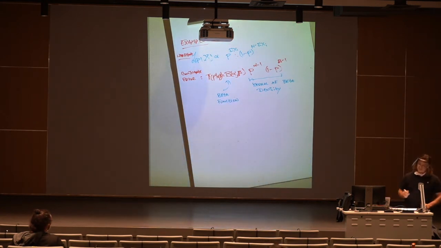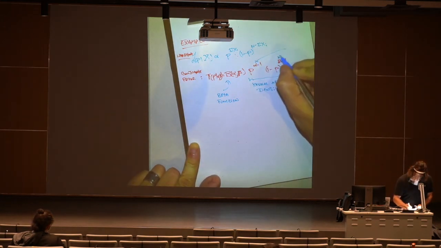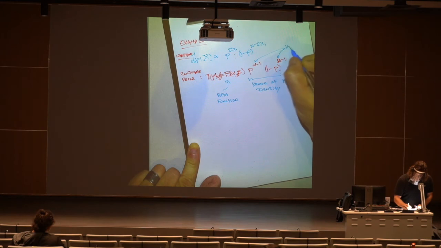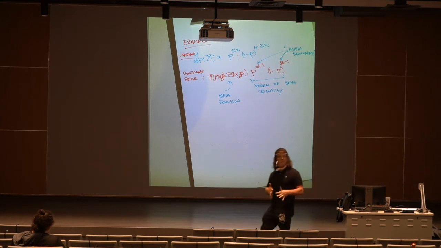I'll ask you about that in a second. And these right here are hyperparameters. Hyperparameters are parameters that live inside of your prior distribution.